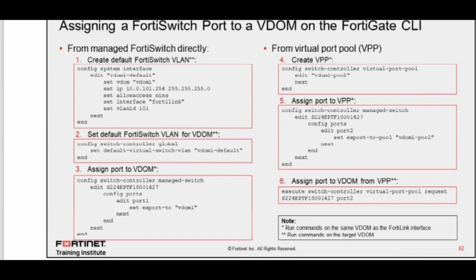VDOM-specific administrators can then pick one or more of those ports and use them for their respective VDOMs. Overall, FortiGate multi-tenancy setups with FortiSwitch provide efficient management and security for network environments with multiple tenants, offering a balance between resource sharing, isolation, and customization.